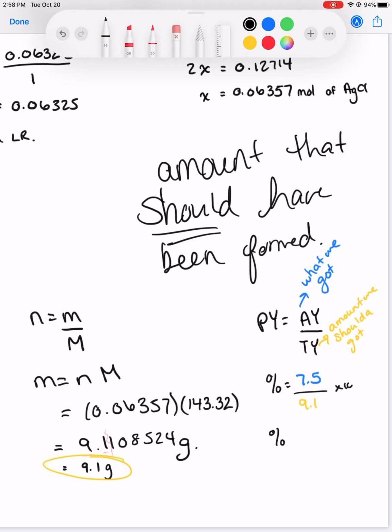So times that by 100. So the percent yield, 7.5 divided by 9.1, times 100 is 82.4. Again, it's 2 sig figs, 82%.